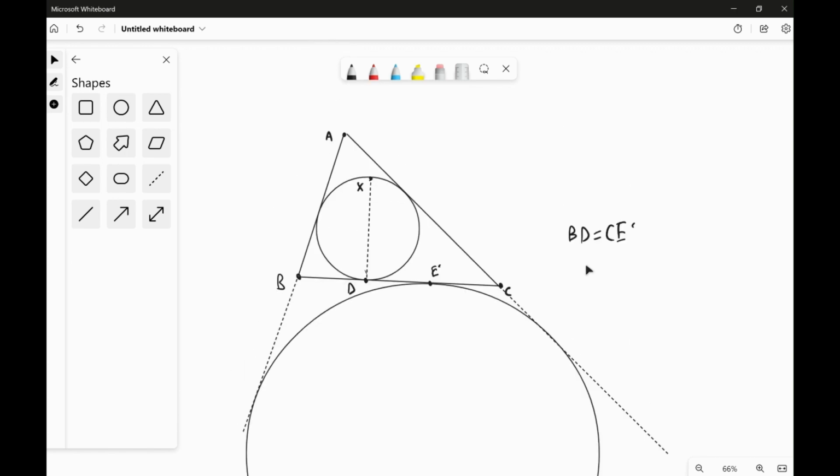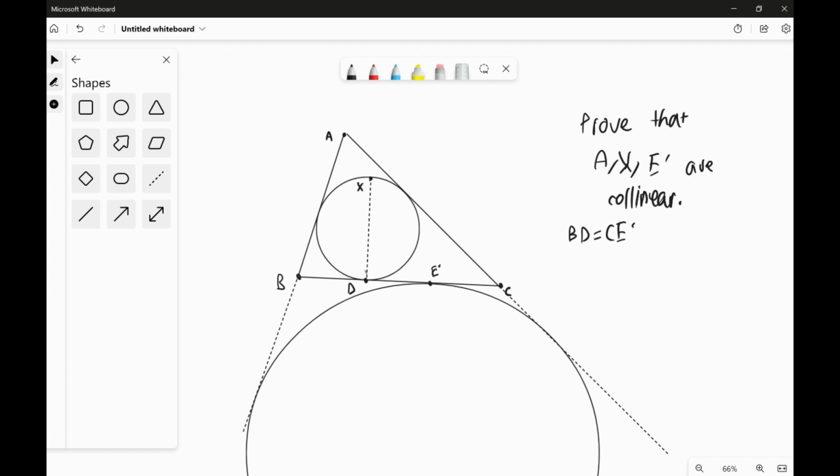So really all we have to do is prove that A, X, and E prime are collinear, where E prime is the tangency point of this excircle. So prove that A, X, and E prime are collinear.